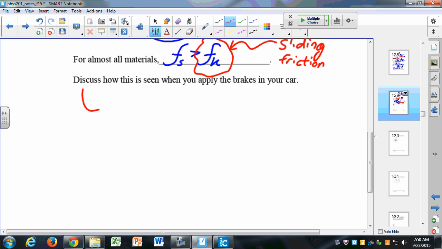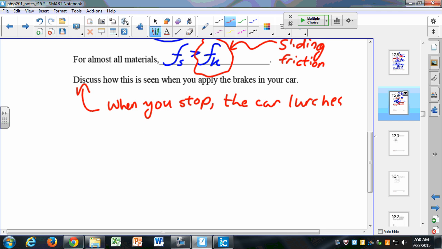So when you stop, the car lurches because frictional force transitions from kinetic to static.